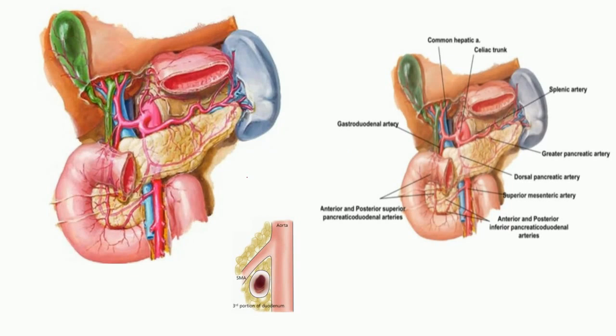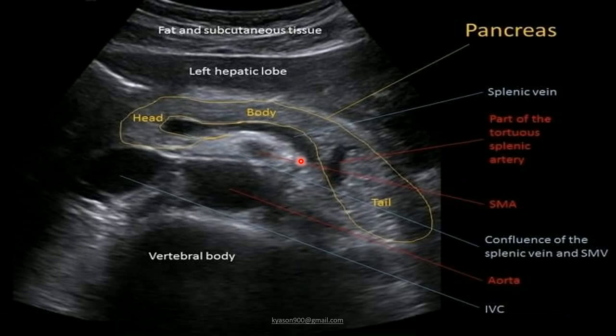Let's say this is your pancreas, and this is your artery. It has bends along its course, as you can see. Because of the tortuosity, it's possible to see part of the artery, and this artery will appear as if it is within the pancreas.